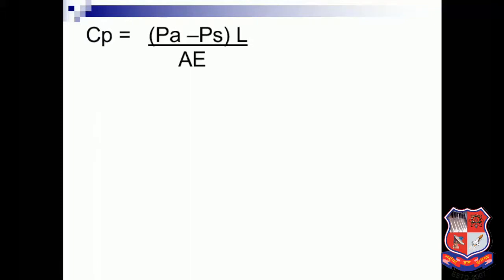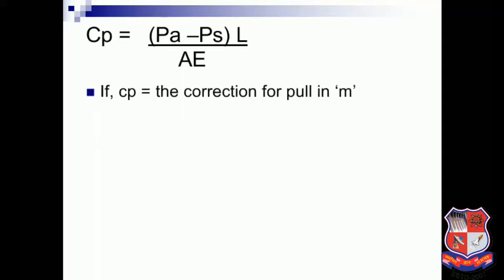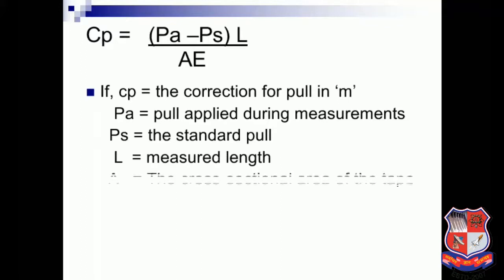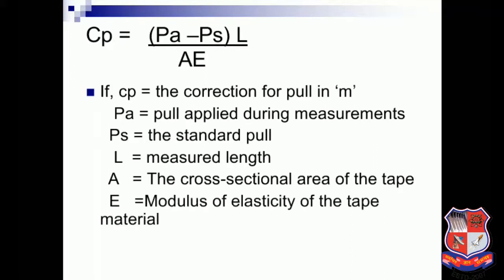The formula for the correction is Cp is equal to Pa minus Ps into L divided by AE, where Cp is equal to correction for pull in meters, Pa is equal to pull applied during the measurement, Ps is equal to the standard pull, L is equal to measured length, A is equal to the cross sectional area of the tape, and E is equal to modulus of elasticity of the tape material.